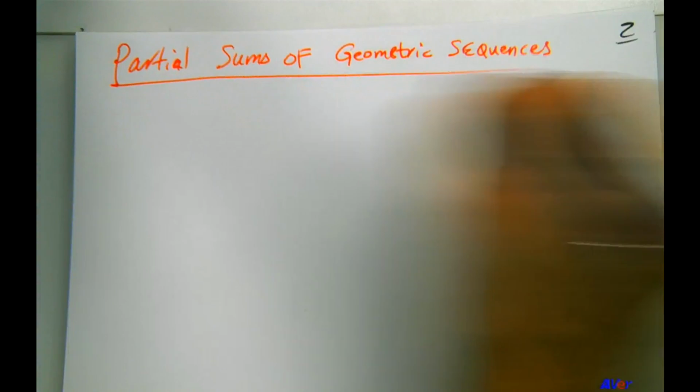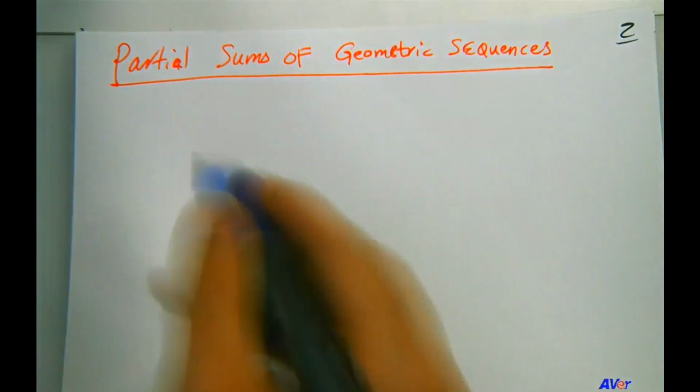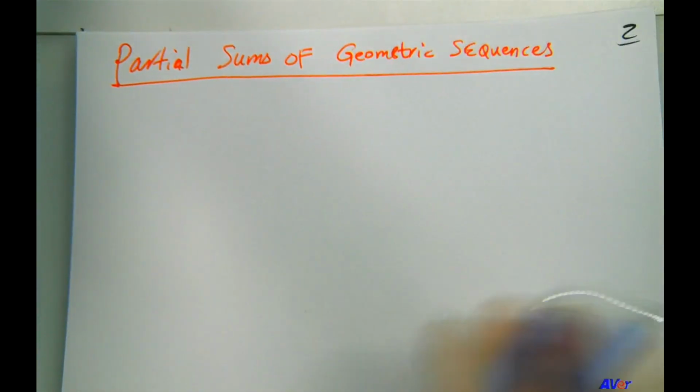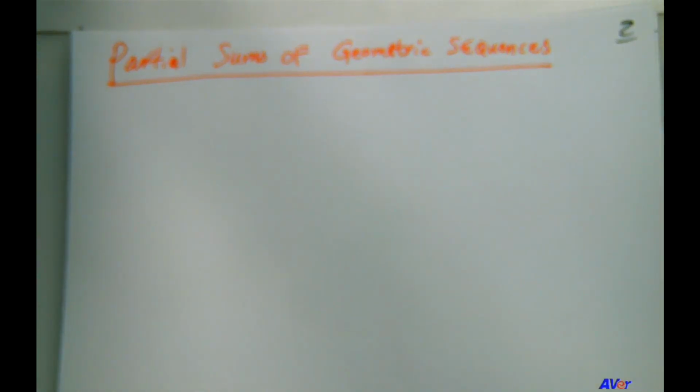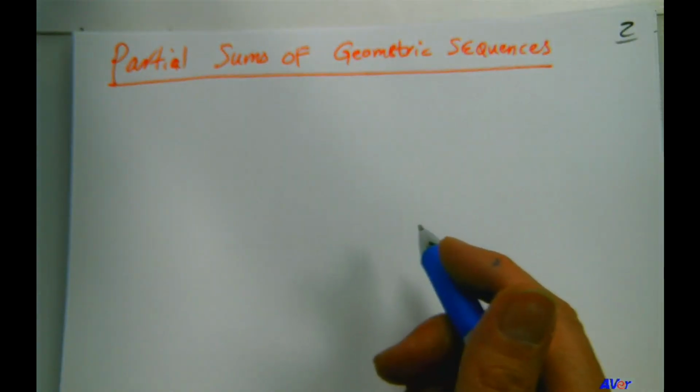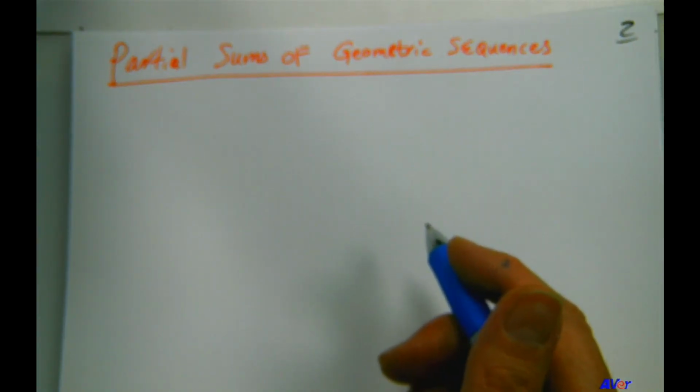Okay, so the formula for the partial sums of geometric sequences is as follows, but I'm thinking I should break this up into cases. I think that's better. So let me do that.